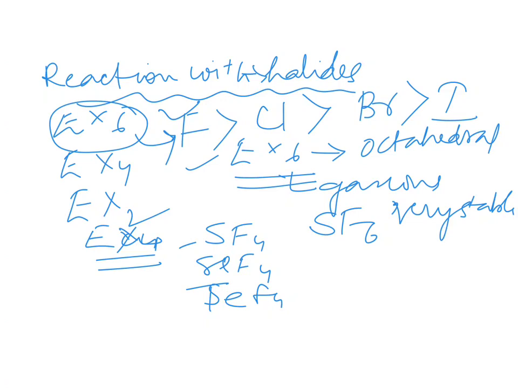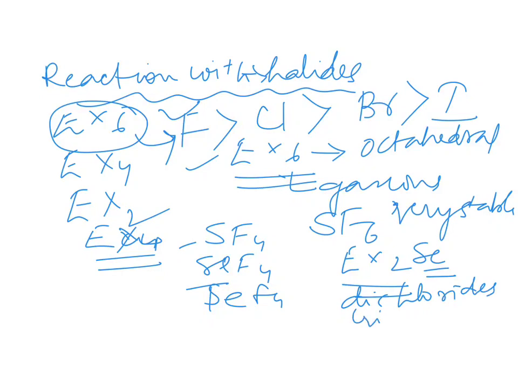Then in EX2, all of these form dichlorides and dibromides, except Se, which does not form them.